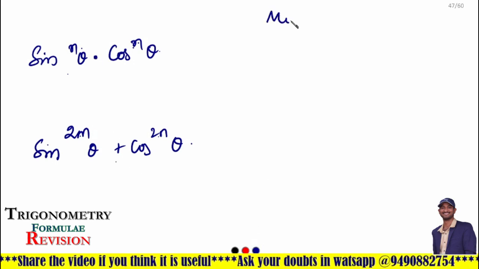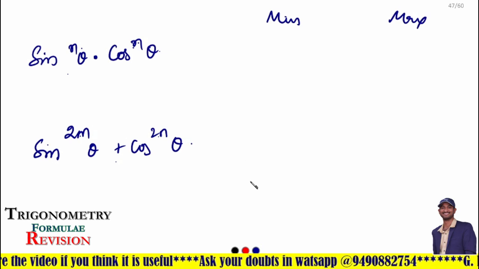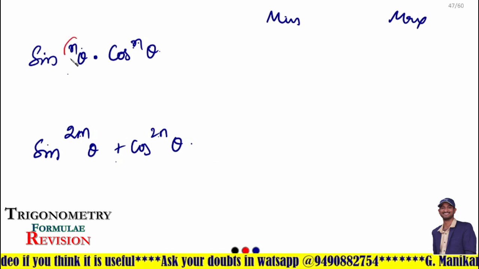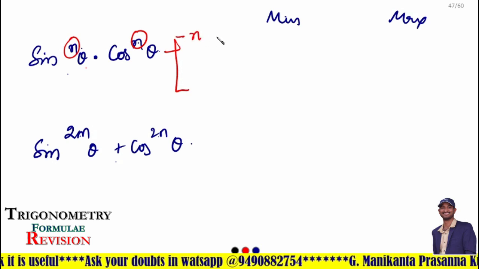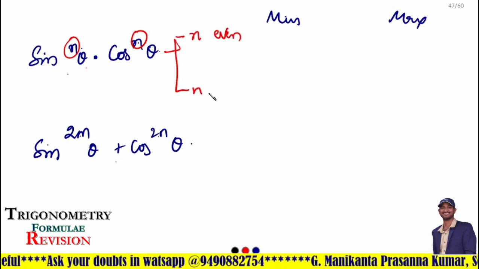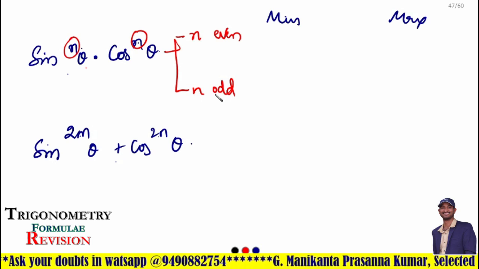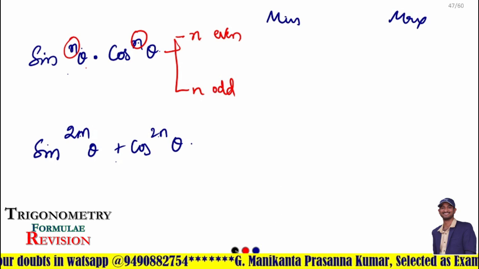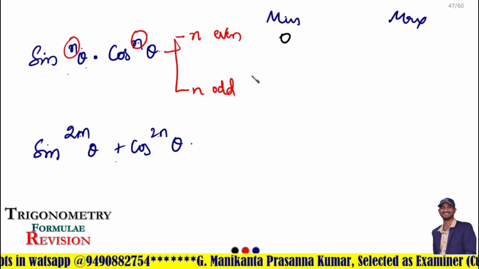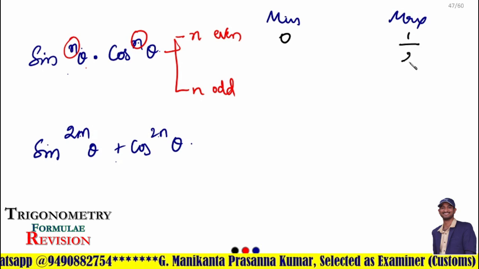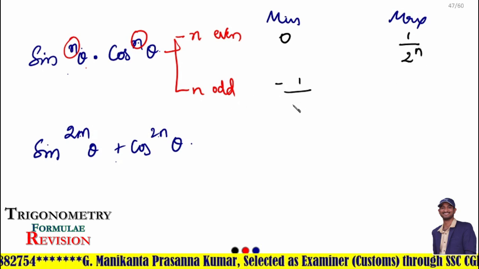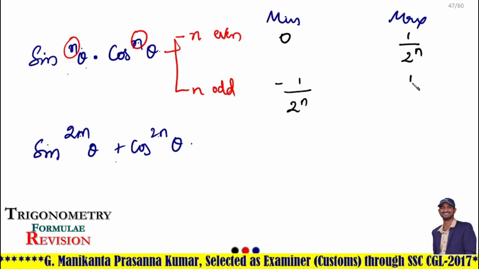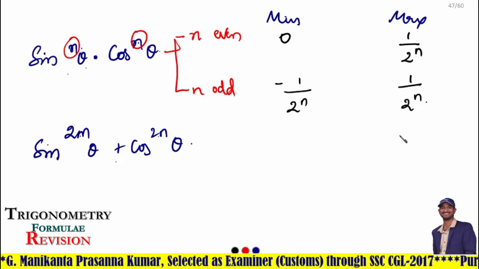Okay, what about minimum and maximum values? When powers are same and multiplication is given, you have two things: n is even and n is odd. If n is even, the minimum value is 0 and the maximum value is 1 by 2 power n. If n is odd, the minimum value is minus 1 by 2 power n and the maximum value is plus 1 by 2 power n.